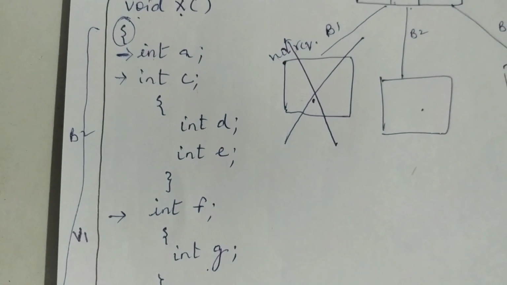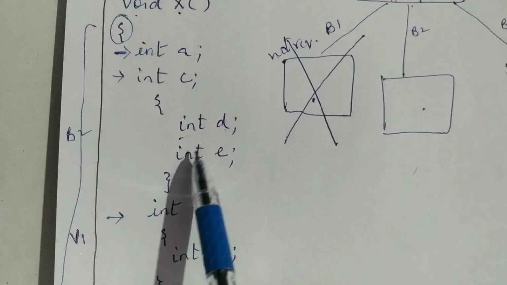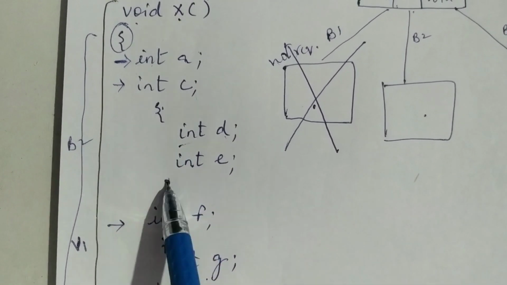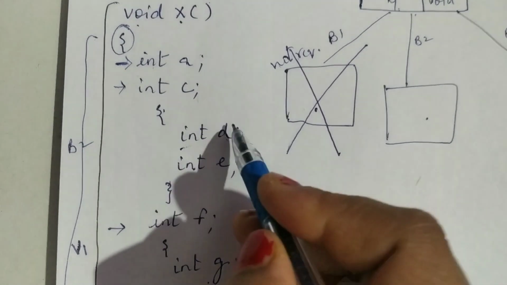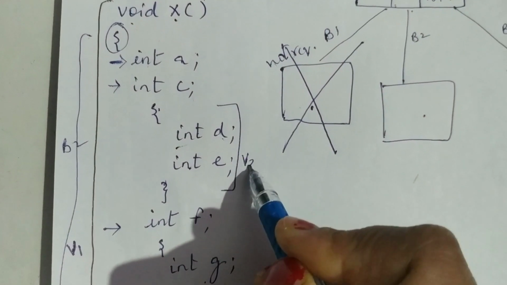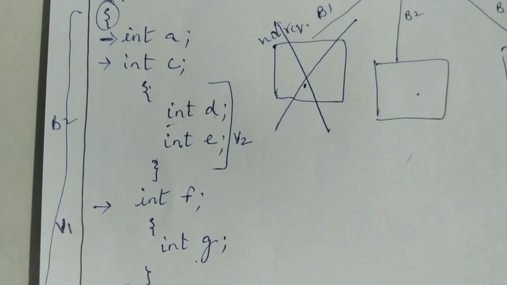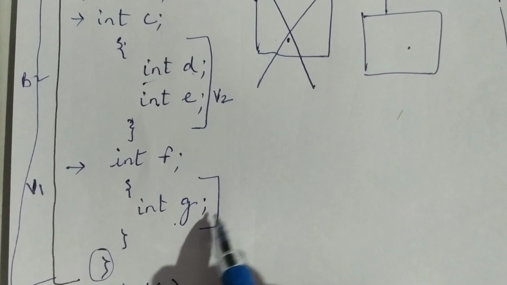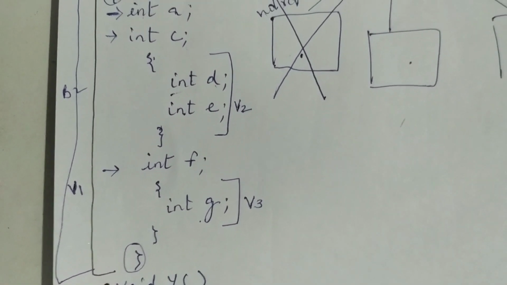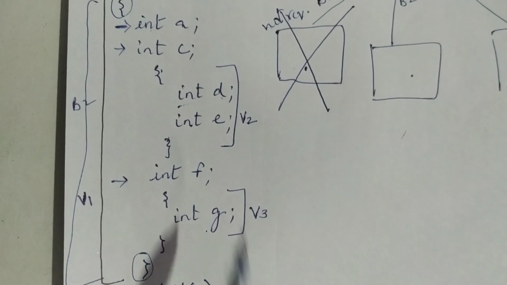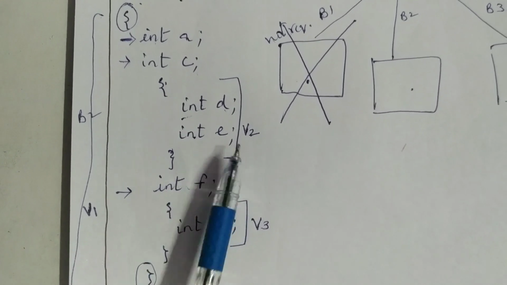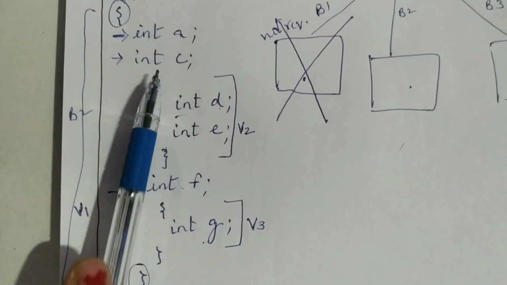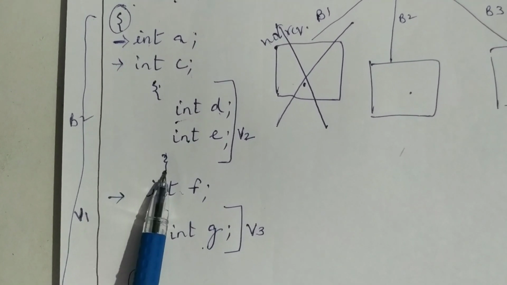Next visibility, next scope is defined for D and E. Curly bracket से यहाँ पे scope defined है. So let us assume this visibility is V2. And third visibility is this V3. Means these variables will be visible, will be accessible within these curly brackets.